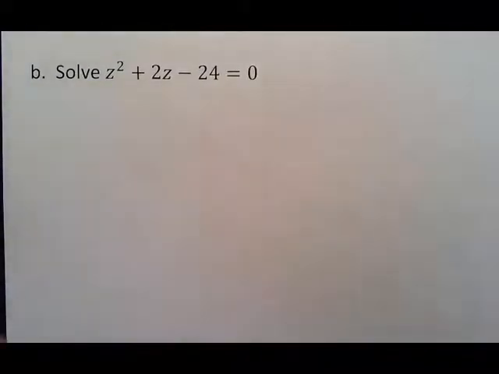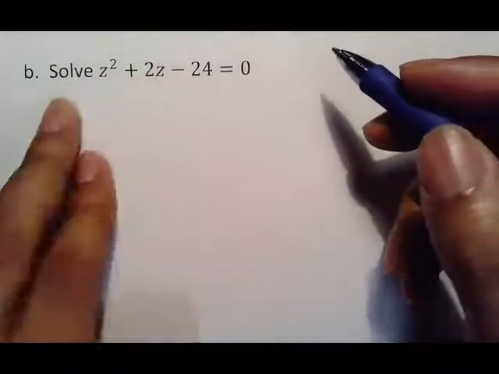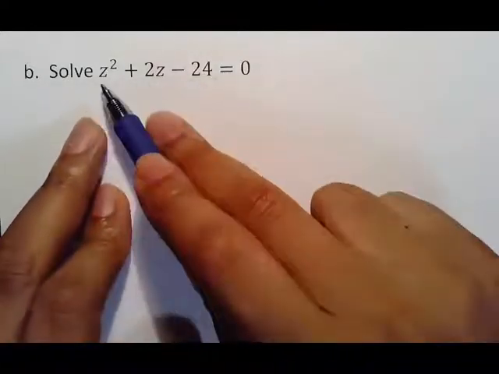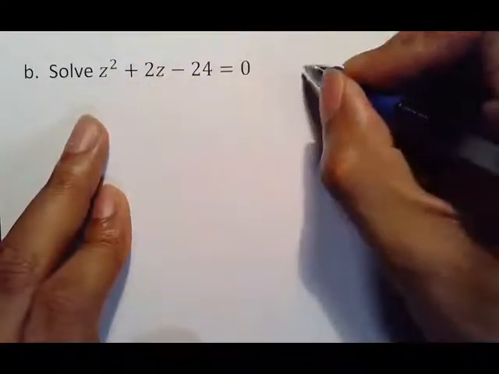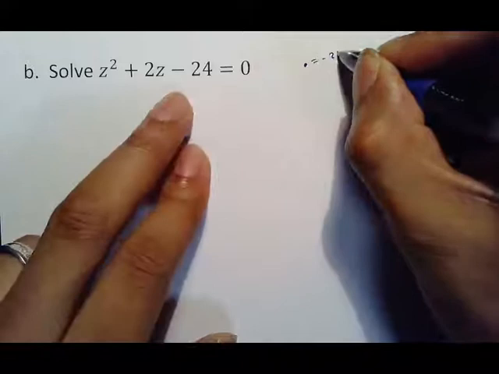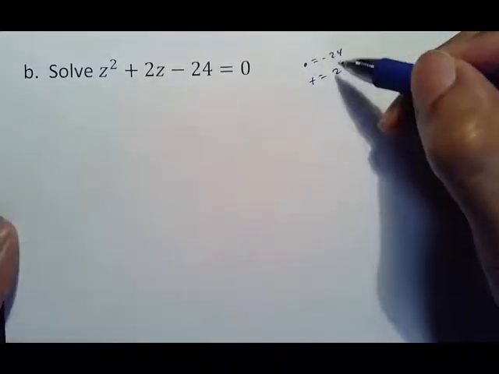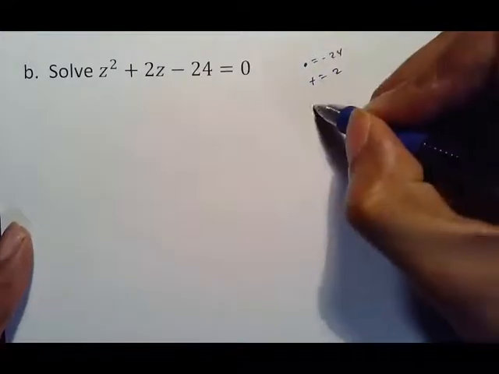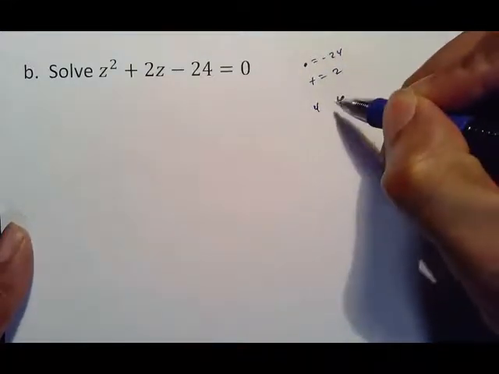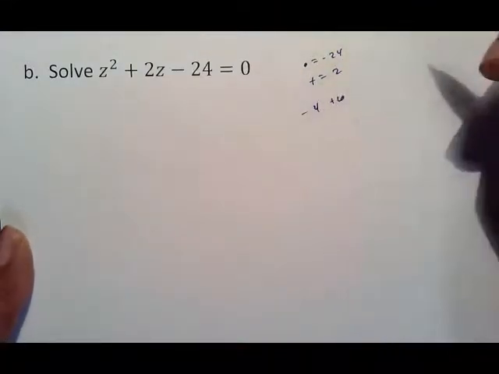Solve z squared plus 2z minus 24 equals 0. Again, you want to solve this, but there's a z squared, which means you can try factoring. Here we're looking for numbers that multiply to make negative 24 and add to make 2. Because that's negative 24, you want the numbers to be 2 apart. Those numbers are 4 and 6, with a positive 6 and a negative 4.